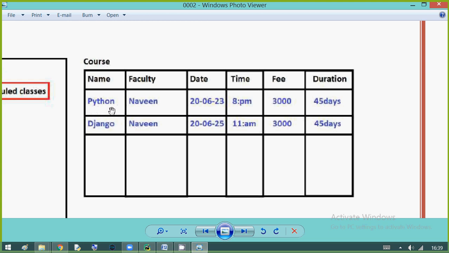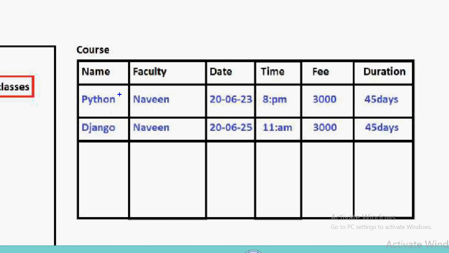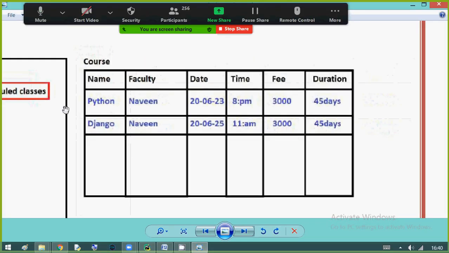Like you can observe on the screen, the name of the course, the faculty who is going to teach that course, what is the date and what is the time, as well as fees, how much it costs, and what is the duration of that course, we are storing into the database, right?